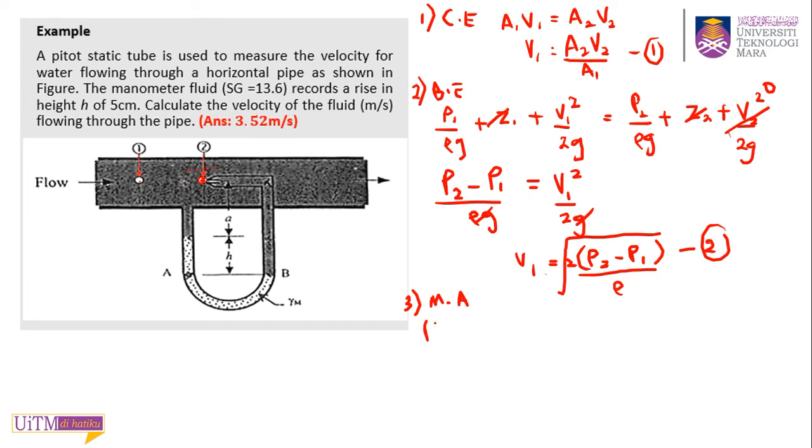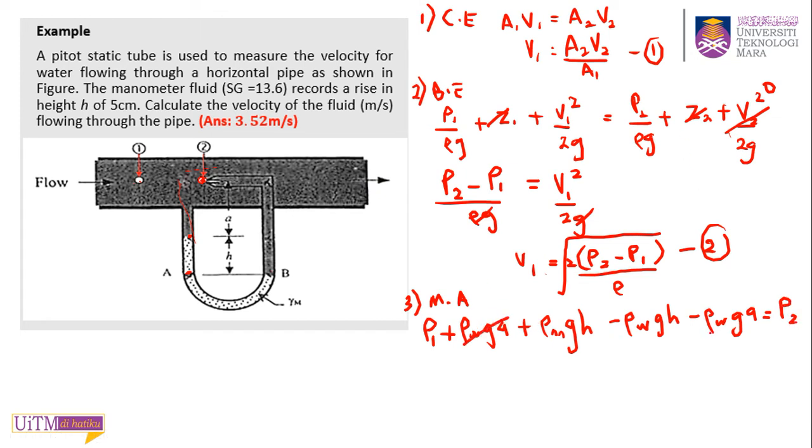This point 1 is P1, and you bring to here and you go down, that means rho of water times G times A, and then you go down, tambah lagi rho of mercury G times H. You transfer your point to B, and you go up, ada H, ada A, so that means rho of water times G times H minus rho of water times G times A, and this is equal to P2.